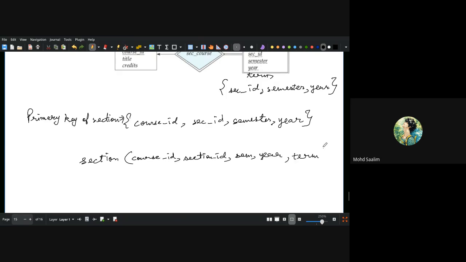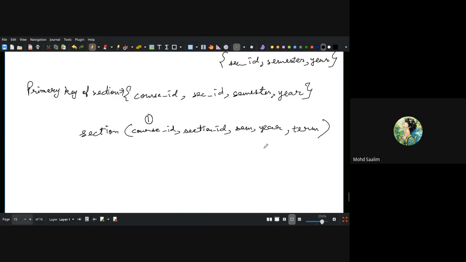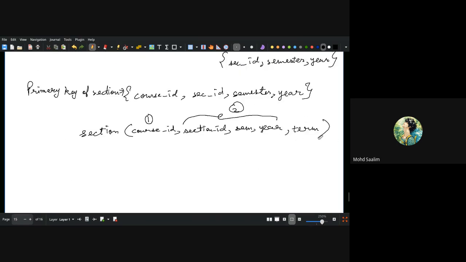So how am I representing a weak entity set? I am naming it, opening the parenthesis. First, I give the primary key of the strong entity set. Then I give all the attributes that are discriminators. Then I give all those attributes from section that are not discriminators. Got it?